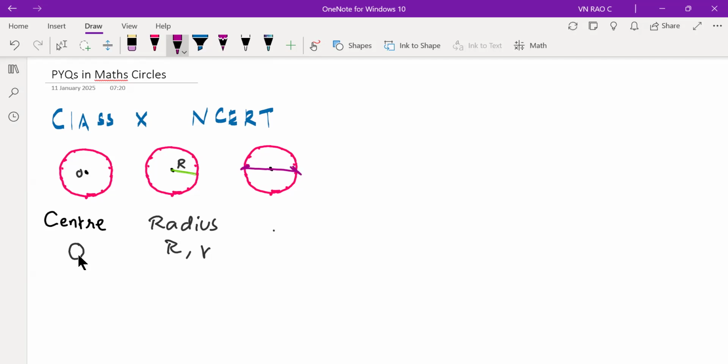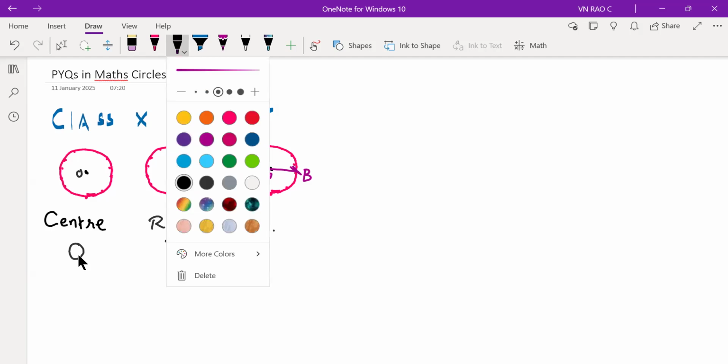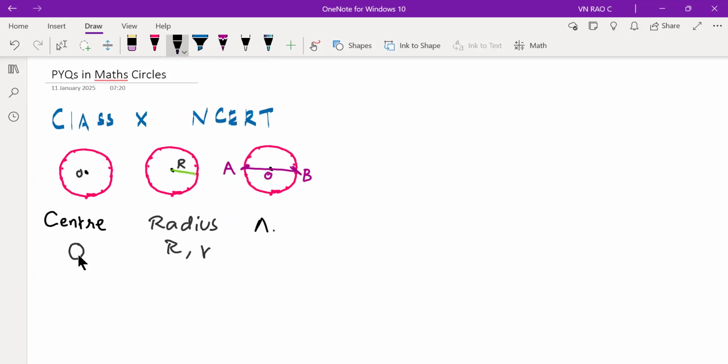We are interested in the straight line which passes through the center. Let me call these points A and B. A is on the circle, B is on the circle, and the line passes through the center. In totality, the line segment AB is called the diameter.